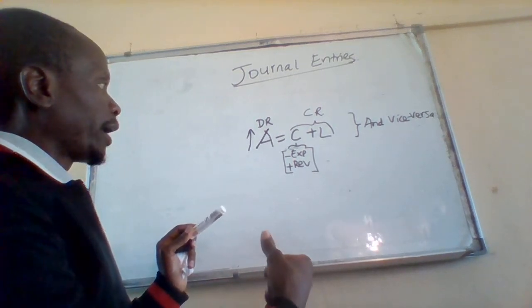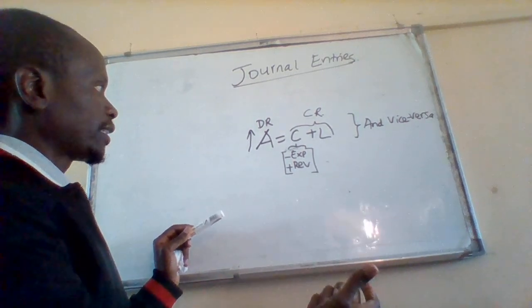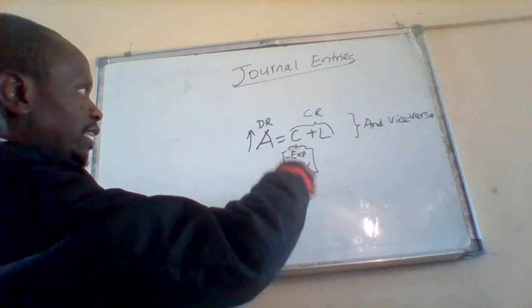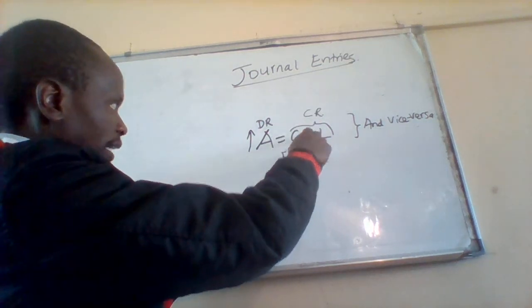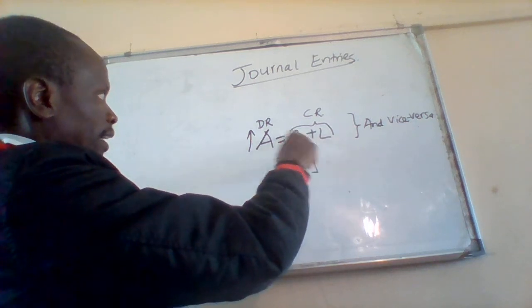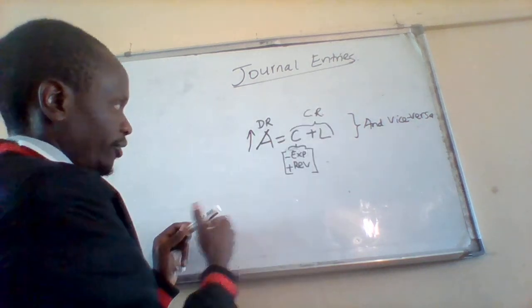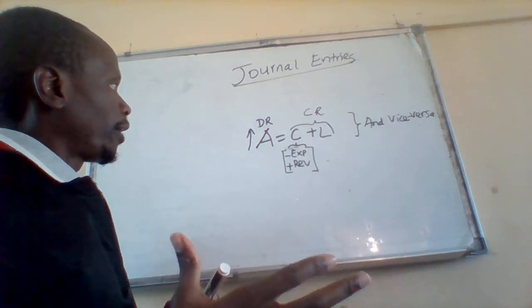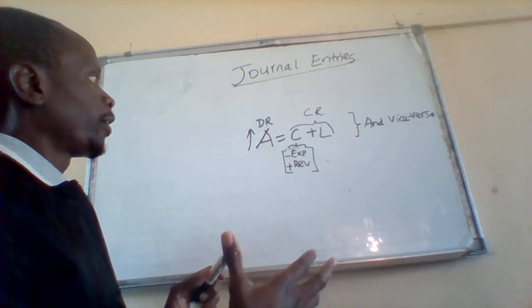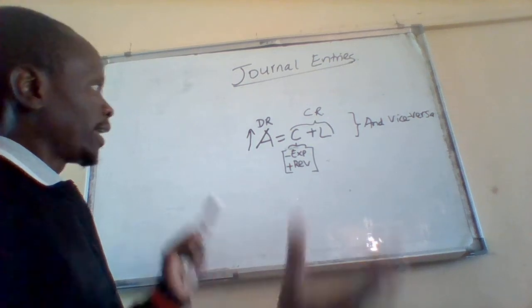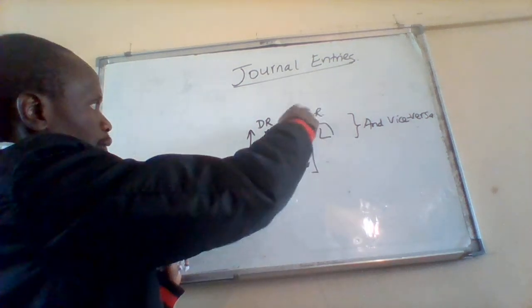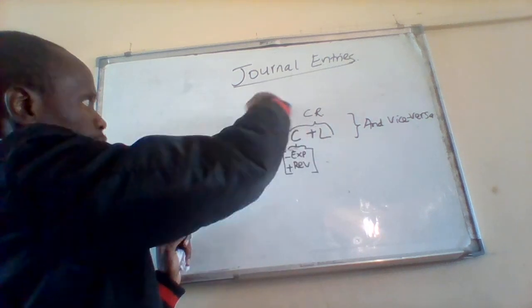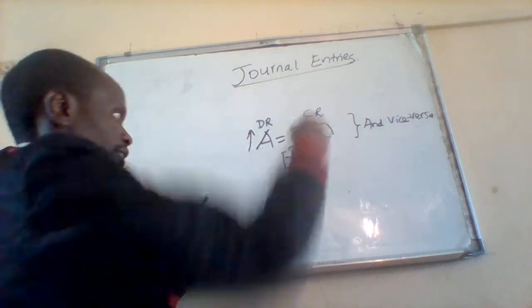So by implication, for every revenue, there's an increase in capital, and for every increase in capital, there is a credit entry. On the contrary, expenses reduce capital, and for every reduction of capital, there's a debit entry.